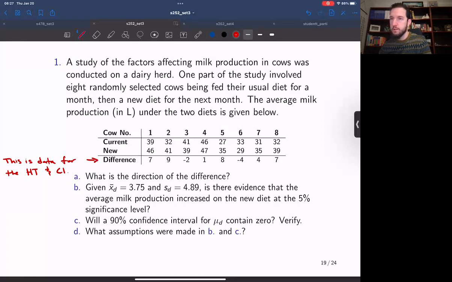Like 7 is 46 minus 39, 9 is 41 minus 32, -2 is 39 minus 41, etc. Once we recognize this paired structure and note that we want to test between the two variables of interest for each observation, we have to compute these differences because it's a paired dependent structure. And then we submit the differences to the hypothesis test and confidence interval. Any questions?